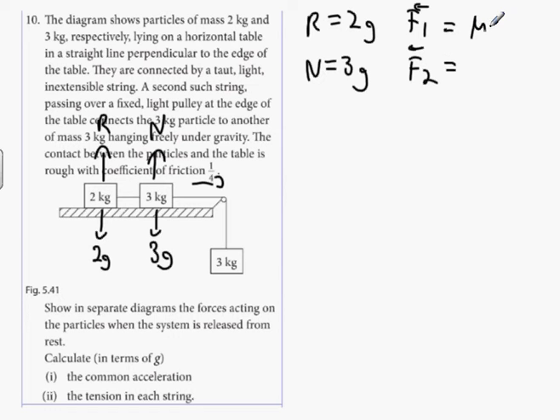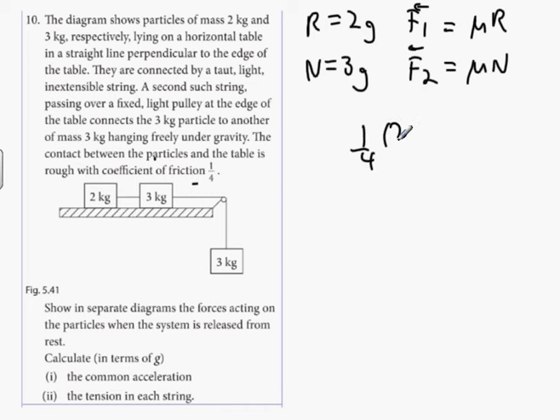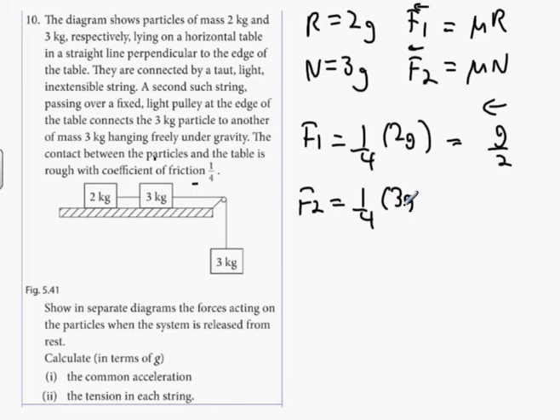One equals mu R, the other equals mu N. Mu is a quarter in both cases, so our frictional forces are: a quarter of 2g for F1, which is g over 2, going to the left, and F2 is a quarter of 3g, which is 3g over 4, once again going to the left.